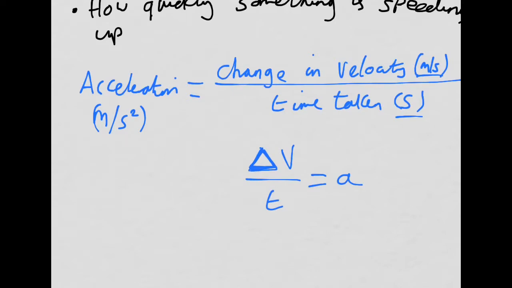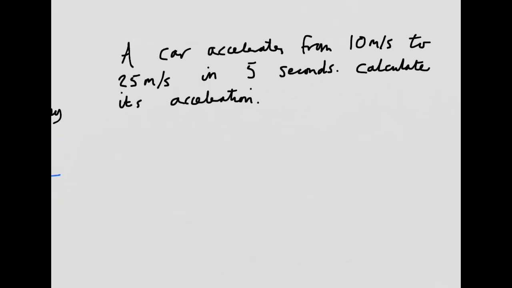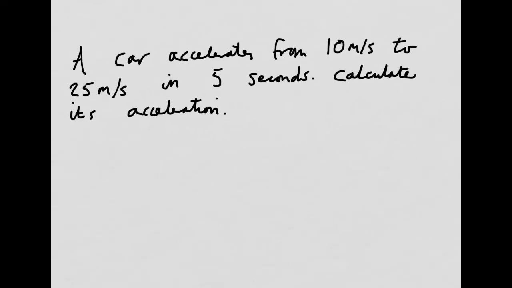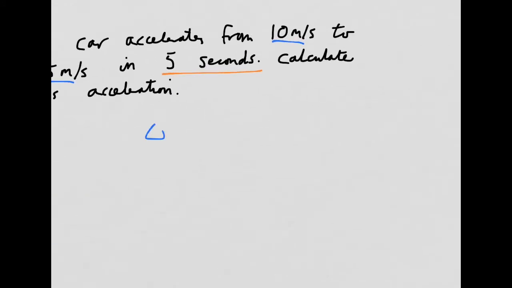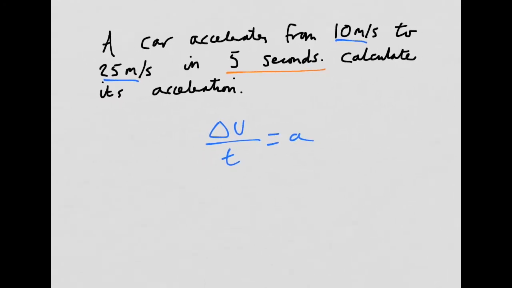Right, let's have a look at a practice question just to start. If a car is accelerating from 10 meters per second to 25 meters per second, and it does it in 5 seconds, calculate its acceleration. In order to calculate its acceleration, remember, we take the change in velocity and divide it by time. This is an equation you will need to remember.